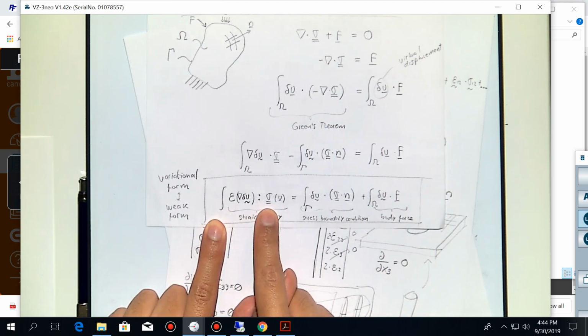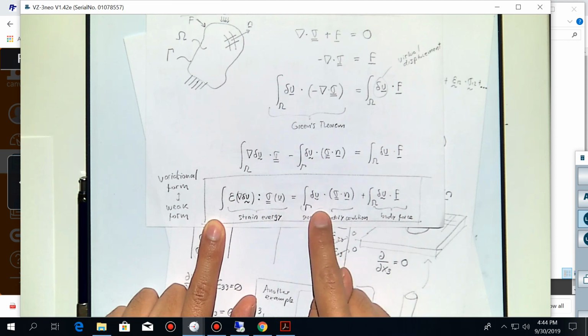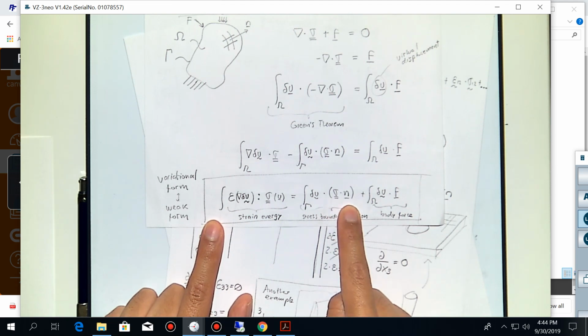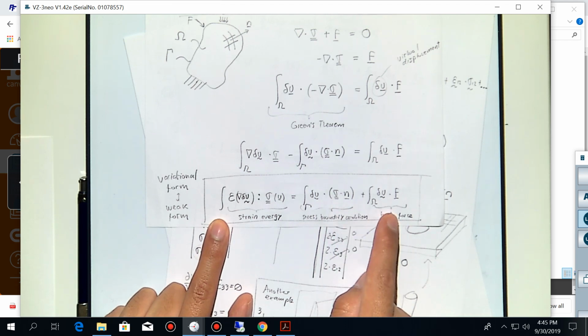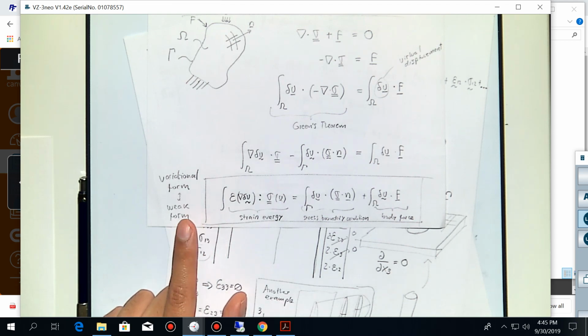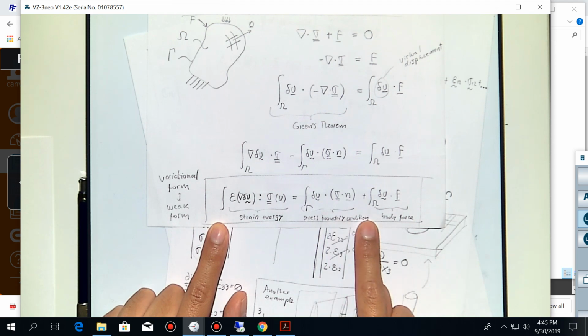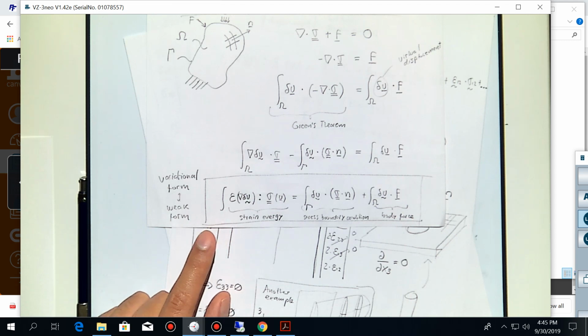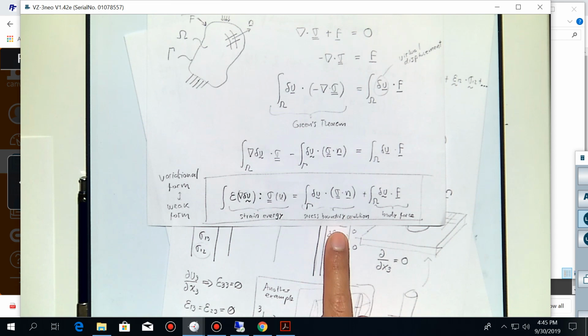Strain times stresses is going to be equal to virtual displacement times stress times the vector perpendicular to the surface plus the body forces. Basically, left-hand side, stress times strain, and right-hand side, boundary conditions and body forces. We're going to ignore the body forces. So for now, we'll just have strain times stress on the left-hand side and boundary conditions on the right-hand side.